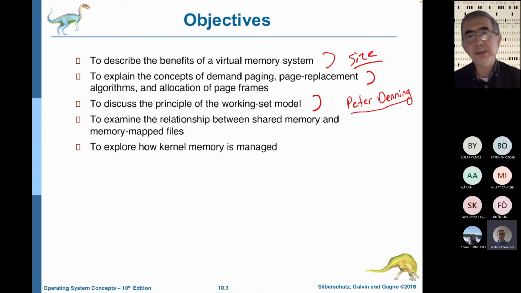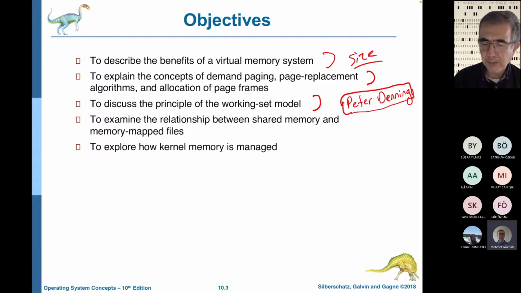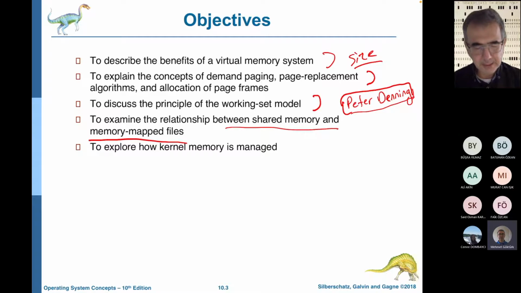The working set model can be applied to many other places in the computer engineering domain and other engineering and science domains. We will be discussing examples on shared memory and memory mapped files at the end, and how kernel memory is managed will also be studied in this chapter.